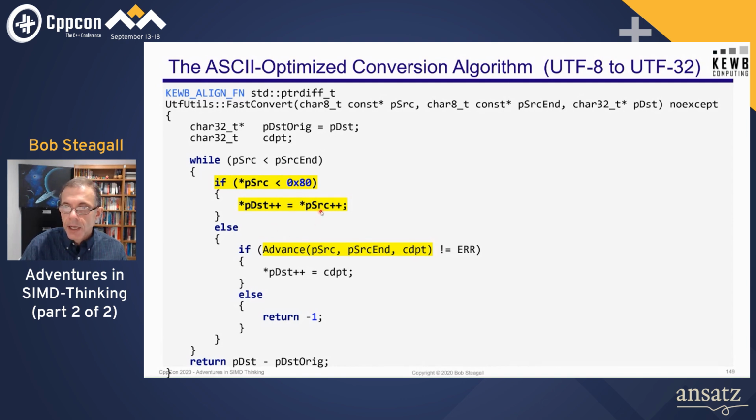If it is, I just assign it from the source array into the destination array. Of course, this is 8-bit unsigned, and this is 32-bit unsigned, so there is an unsigned integer promotion going on here. But I bypassed all of those lookups and just did an assignment. I would have had to do a branch anyway in the previous implementation, but I didn't have to do any table lookup. So this branch is not actually costing me anything, and I'm saving the lookups in those tables and the pointer arithmetic.